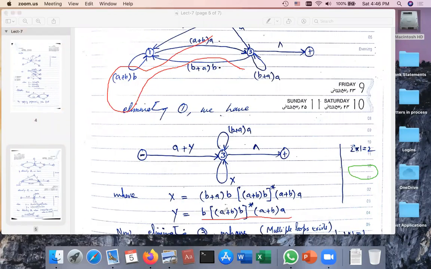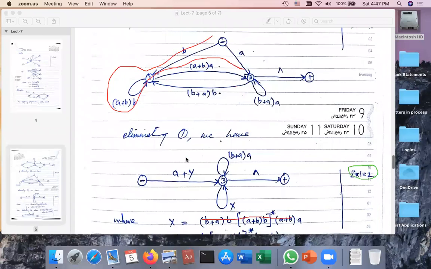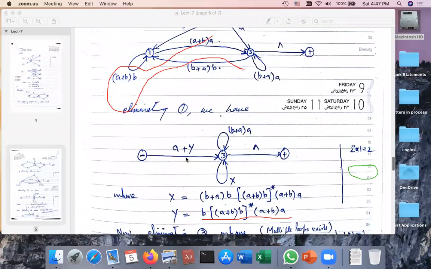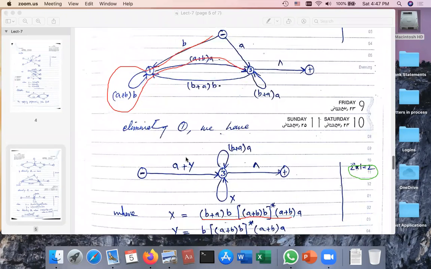So B, A plus B into B whole star, and then A plus B into A. Now the regular expression is getting lengthier, so I introduced a new variable called y, and I said that this right hand side is equal to this new variable y. That I will use here in my diagram.